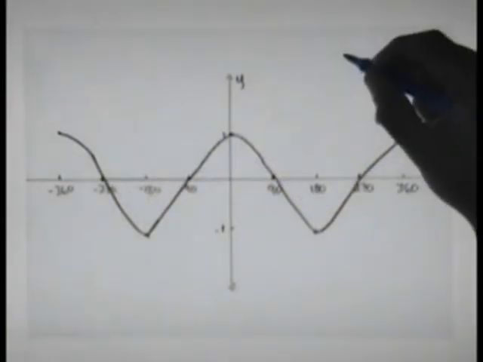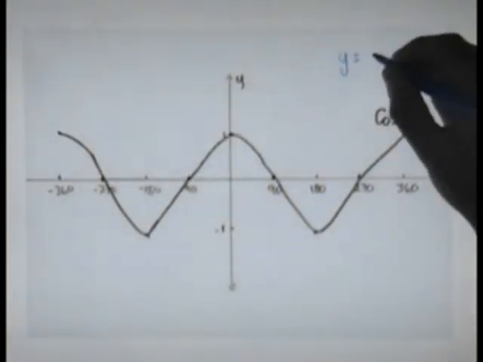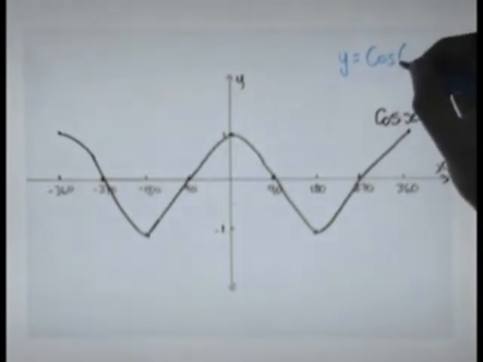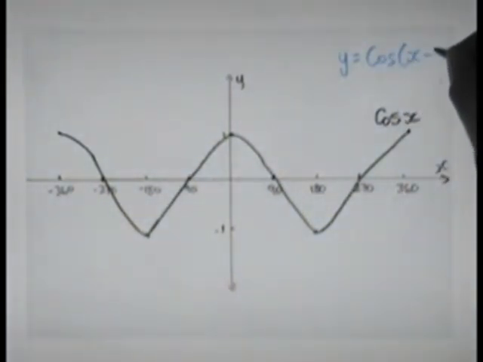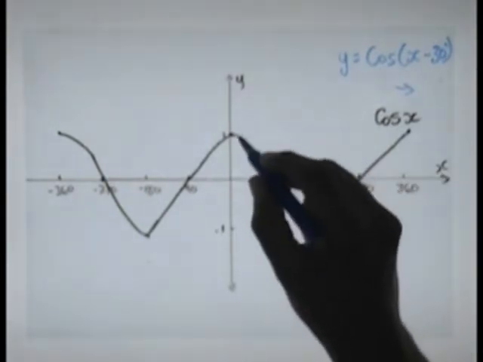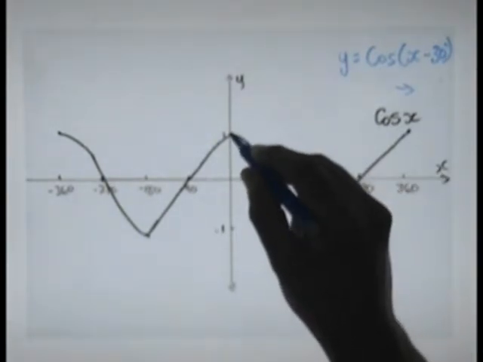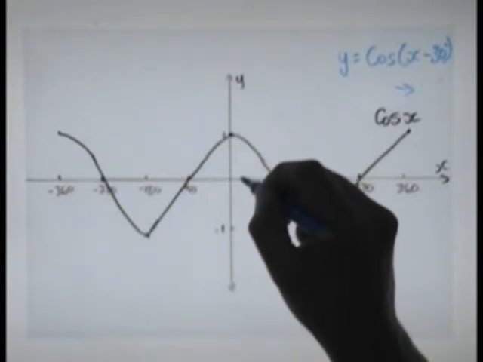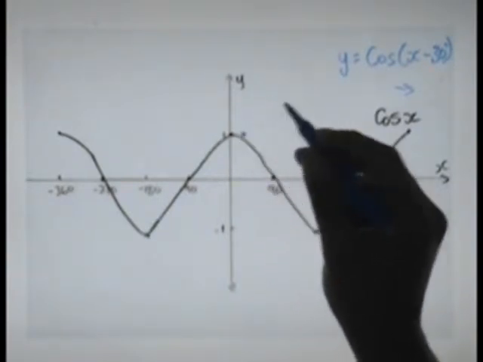The final graph we're looking at is the graph y is equal to cos of x minus 30 degrees. X minus 30 degrees means that we're taking our graph and we're shifting it to the right 30 degrees. So instead of the peak being at 0 degrees, it's now going to be at 30 degrees.